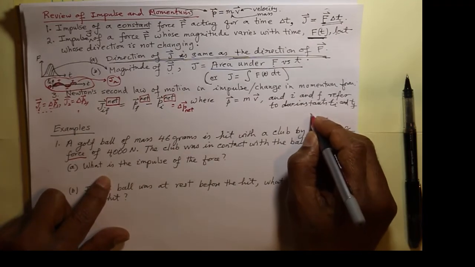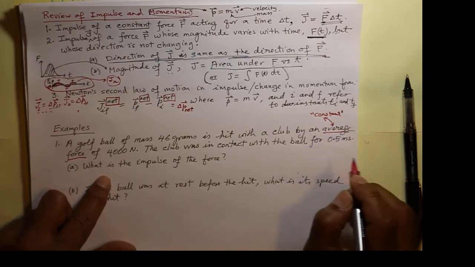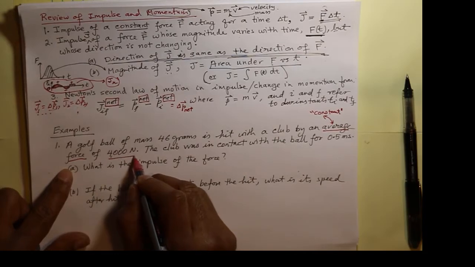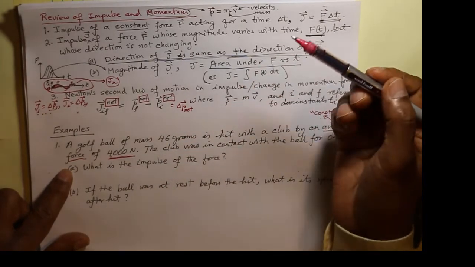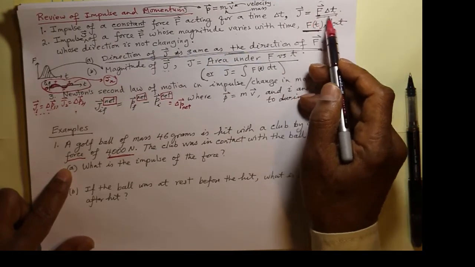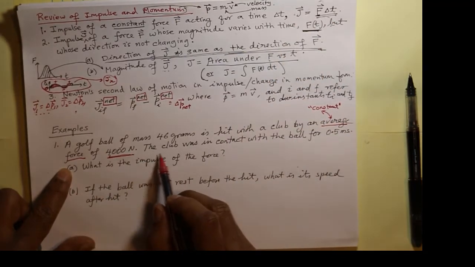Average means constant. Even if it's not constant, somehow it has been averaged out as if it was constant. So we can use this as a constant force. So we can go back to the constant force definition, and then we can just use the product. The magnitude will be the product of the magnitudes there.